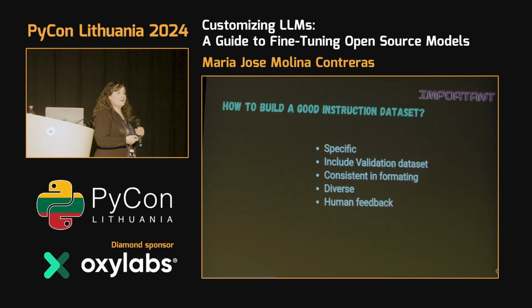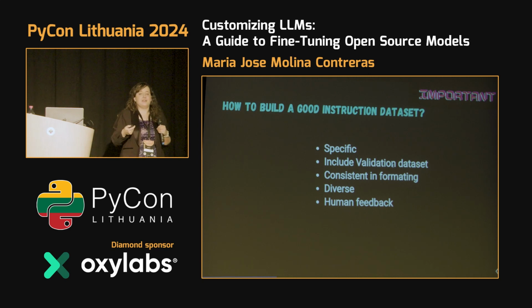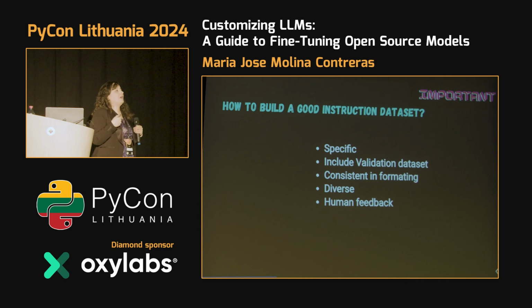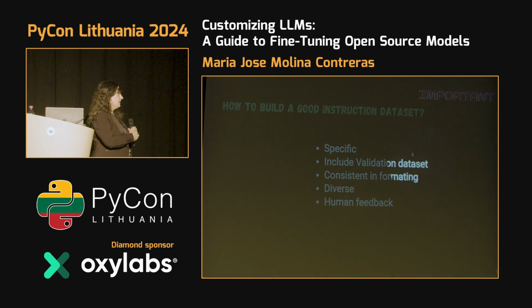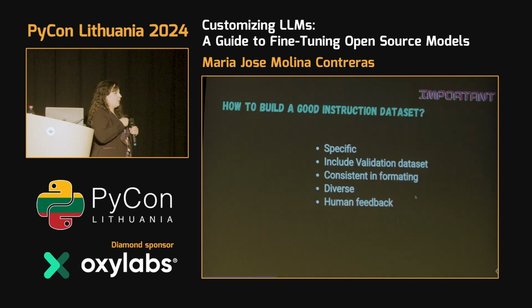Make it diverse. Data sets need to be diverse. If you're in data science, you say, yeah, it's so obvious. However, in this kind of project, it is super relevant to have diversity, but also consistency. And of course, if you can have human feedback, include it.